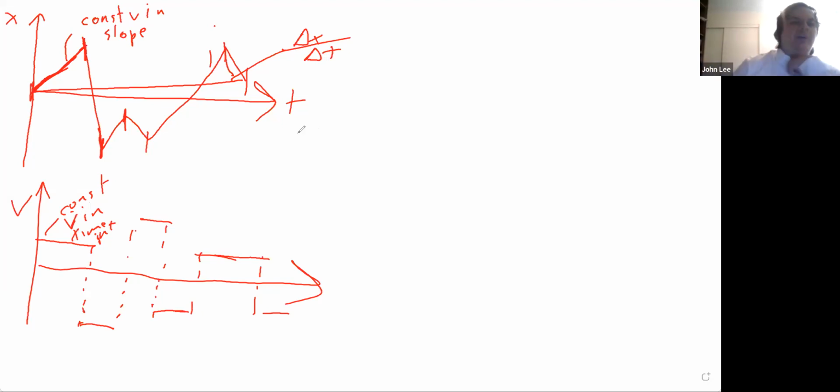We talked about having a constant velocity from here to here, and then from here to here, and so on and so forth. Each of those constant velocities is just the slope of that line at some time.